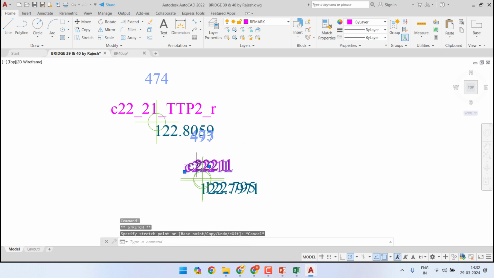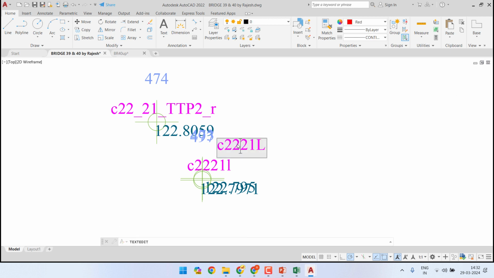Alright, so this is curve number 22, station number 21, and TTP2 underscore left side of the rail.